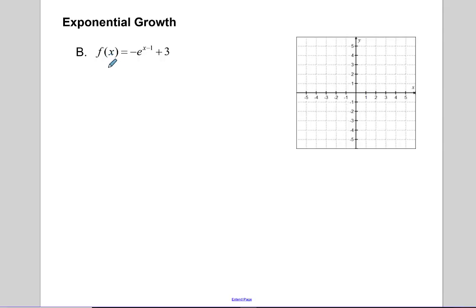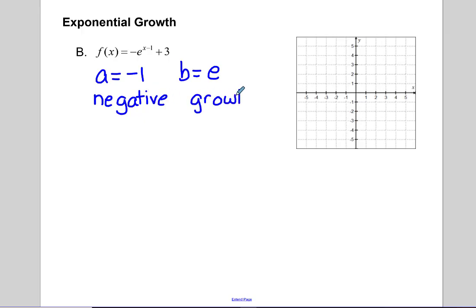On this one, for B, A is negative 1, so we're going to have negative, and our base is e, so that's a number bigger than 1. So we have negative growth. So think about it. Growth looks like this, but that negative is going to flip our graph over the x-axis.